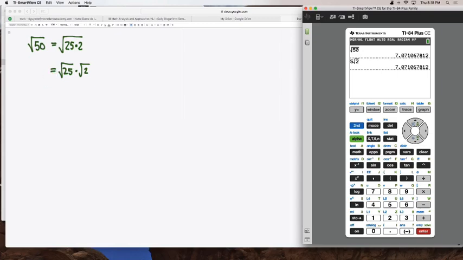Before I go any further, I would like to explore a side note. Notice my clever sideways note. A lot of times students will misappropriate the product rule for radicals to talk about the square root of a binomial. If you have 25 plus 2, not 25 times 2, and you have the square root, a lot of students are inclined to say that that's equal to the square root of 25 plus the square root of 2.